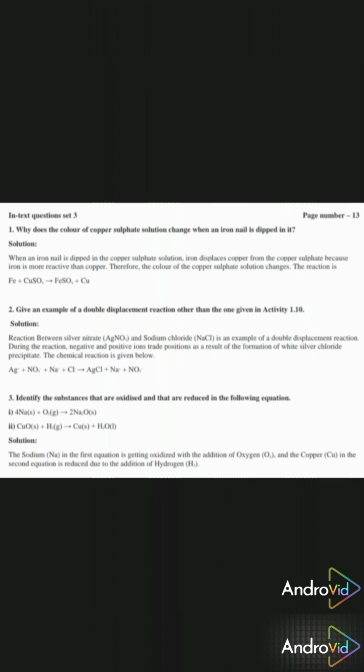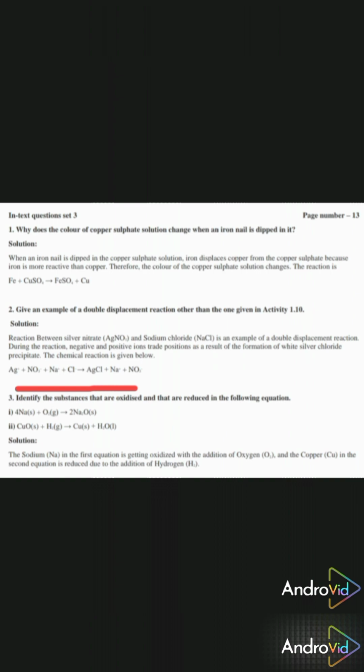The second question in set 3 is, give an example of a double displacement reaction other than the one given in activity 1.10. One good example would be the reaction between silver nitrate, that is AgNO3, and sodium chloride, NaCl.